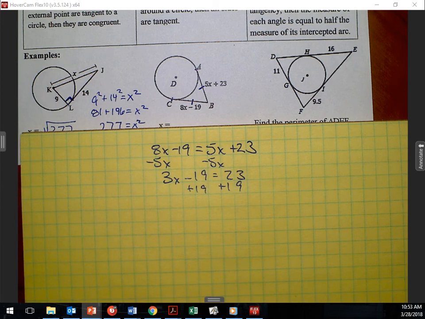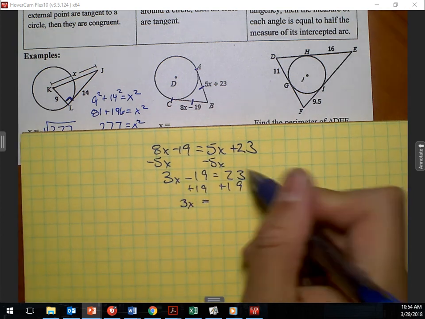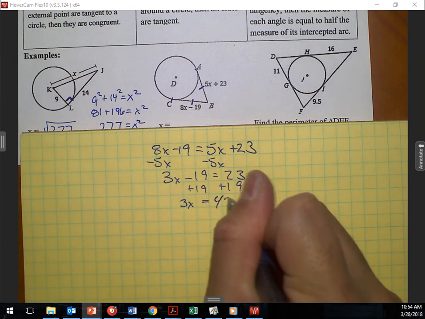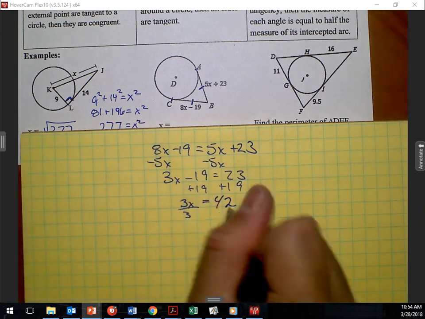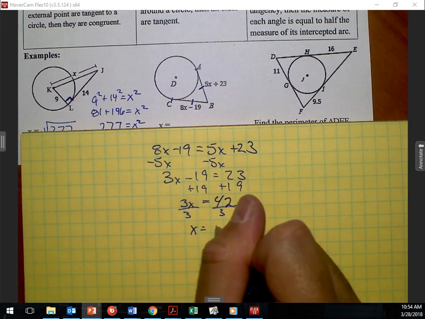Alright, so now let's bring it down. 3x equals, what do we get on this side? 42. Divide both sides by 3. x is what? 14.